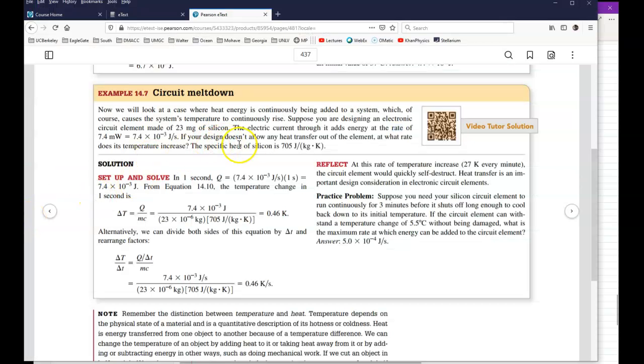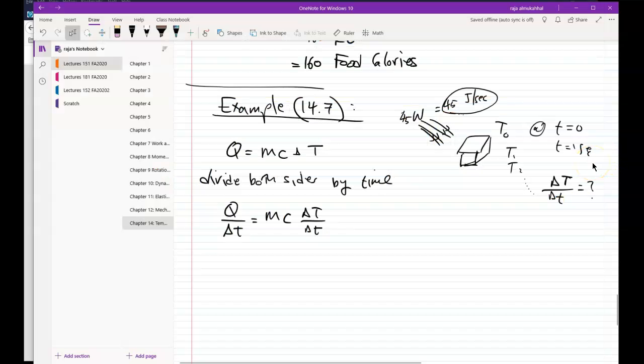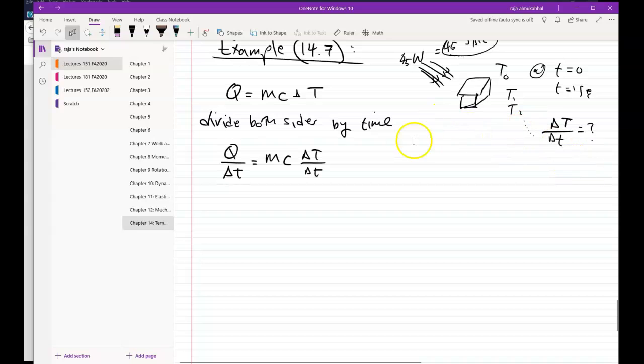If your design doesn't allow heat transfer out, at what rate does its temperature increase? At what rate? Rate means delta T over delta t. Always, the word rate means you divide by time. Keep that in mind. So he's really asking for this delta T over delta t right here, so I'm going to solve for it before I do anything.